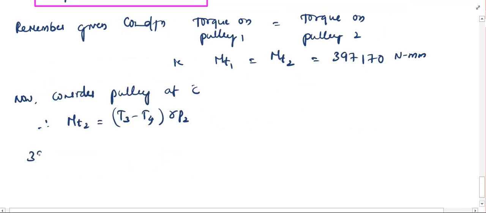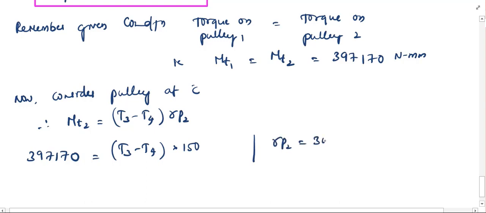Since we have the torque 397170, it is equal to T3 minus T4 into the radius of the pulley, which is 150 mm. As the diameter of the second pulley is given as 300 mm, I can write the radius of the pulley as 150 mm.